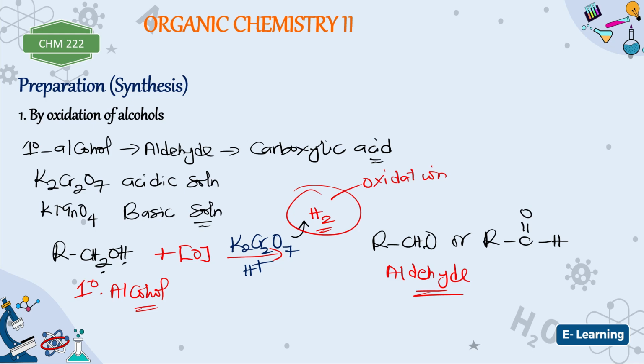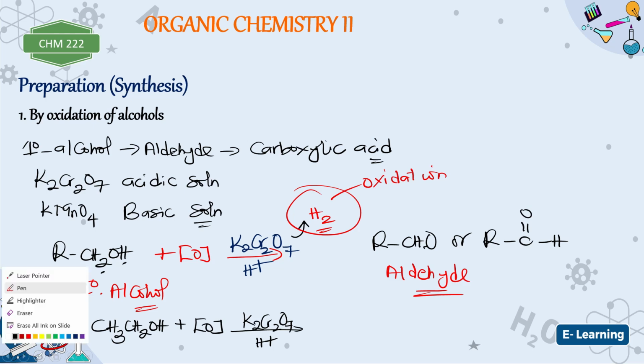Is that okay? Now, for instance, you can have ethanol. What is the formula for ethanol? CH3CH2OH plus the corresponding oxidizing agent, K2Cr2O7. I told you that this must occur in acidic medium. What do you think will happen? We remove 1 hydrogen from here and 1 from here, so in total we are removing 2 hydrogen.